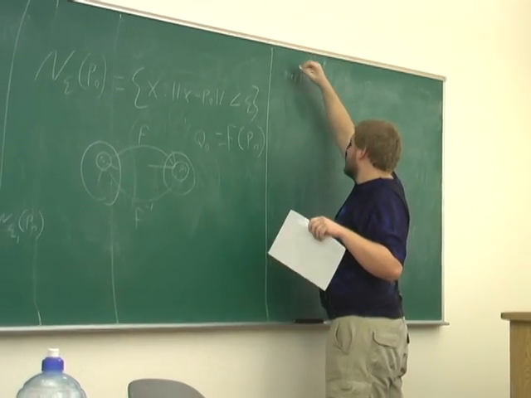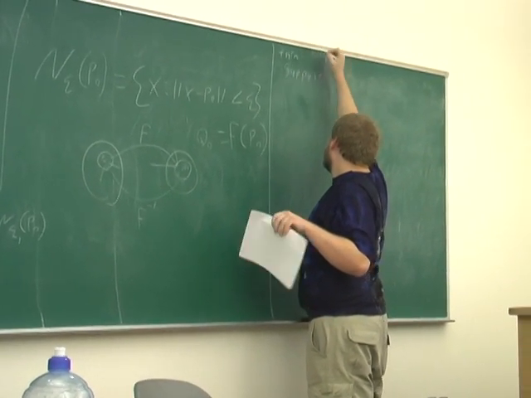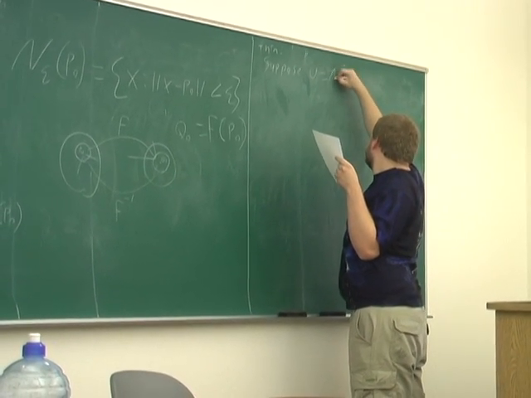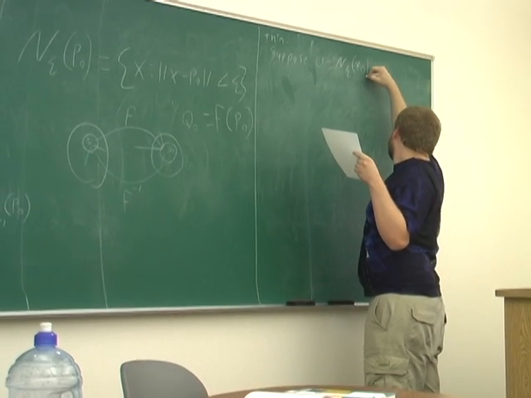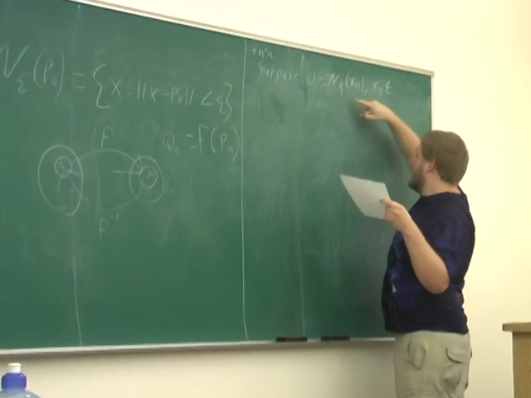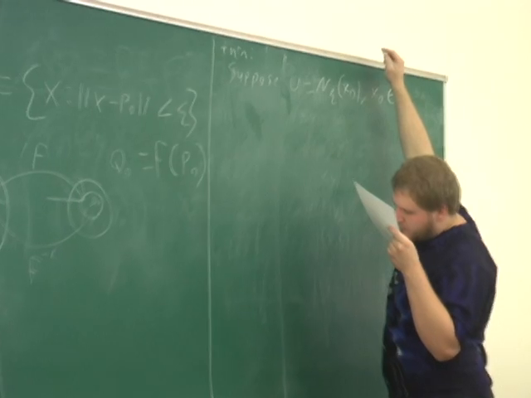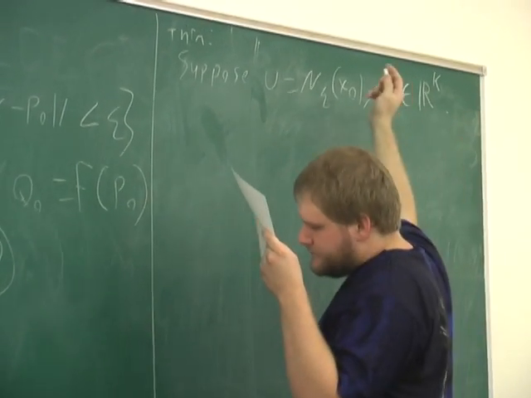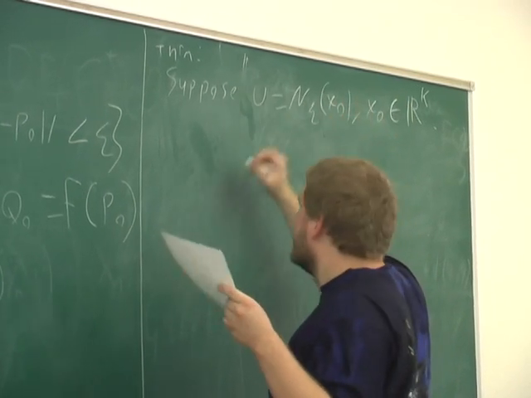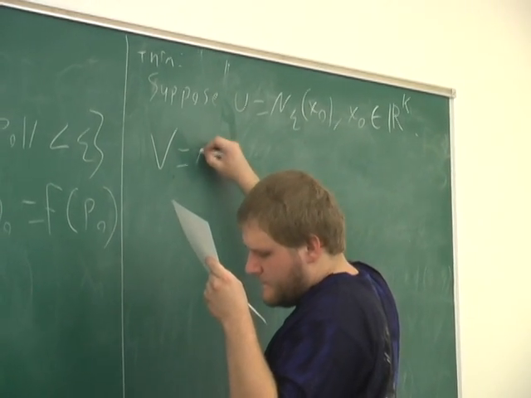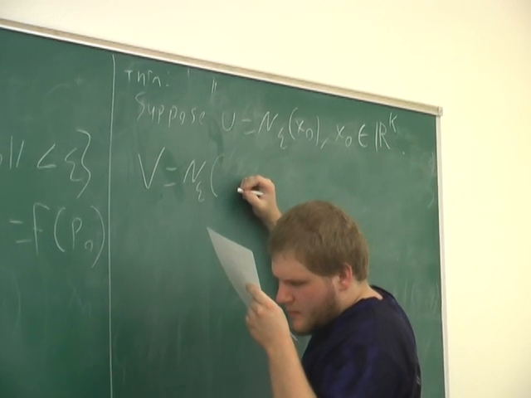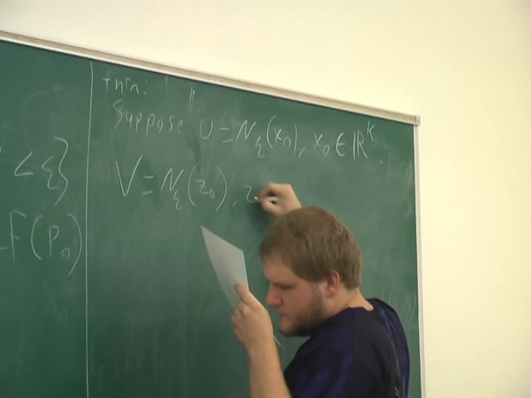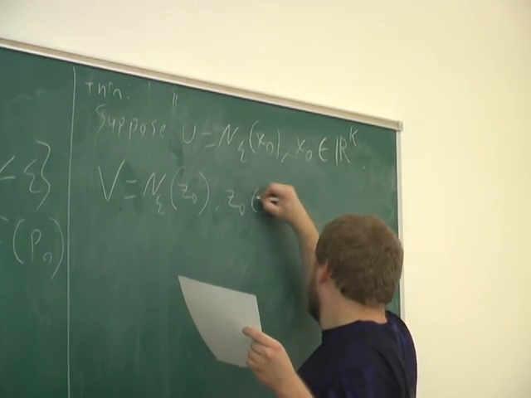Okay. So this is, again, a theorem. Suppose you have a neighborhood U around a point x0, which is in RK. V is a neighborhood of Z0, where Z0 is in RL.